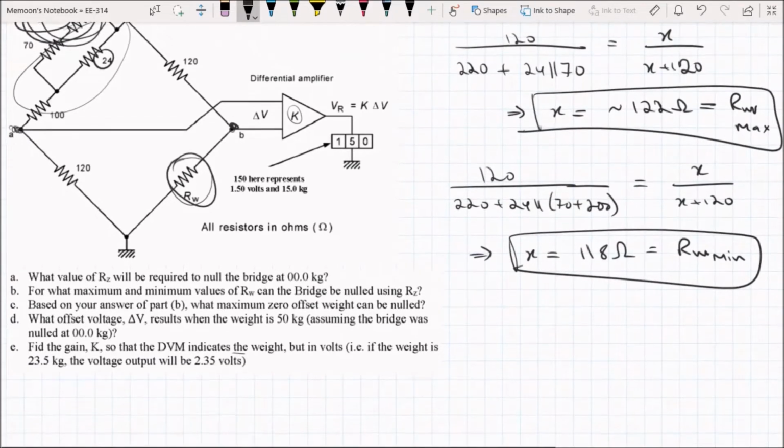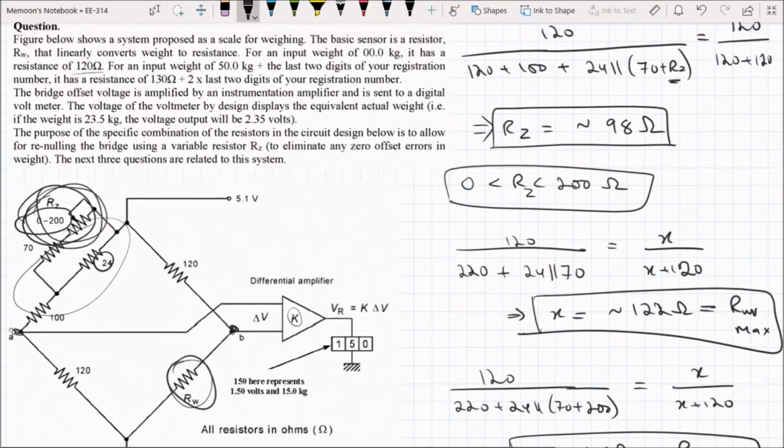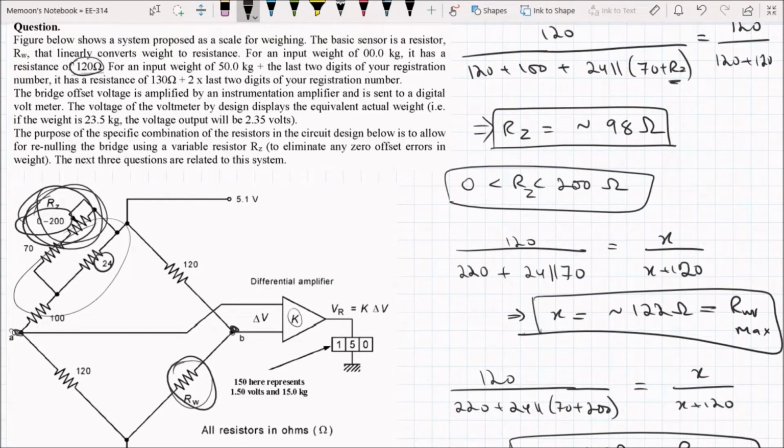The third part stated that based on your answer of part B, what maximum zero offset weight can be nulled. So the value of Rw ranges from 120 ohms for 0 kgs to 130 ohms plus 2 into last two digits of your edge number and 50 plus last two digits. So let me take the last two digits of my edge number as 00.